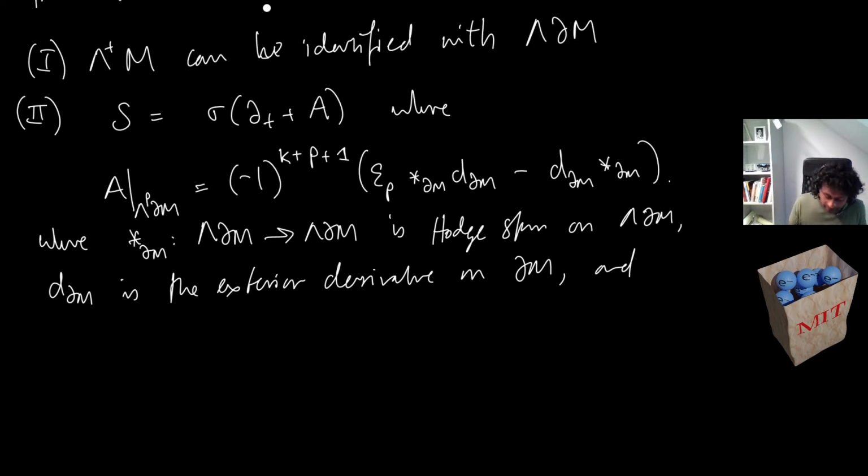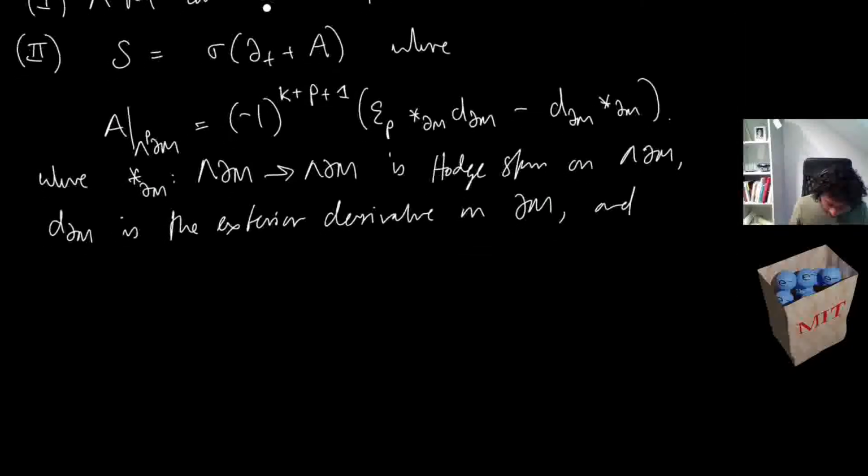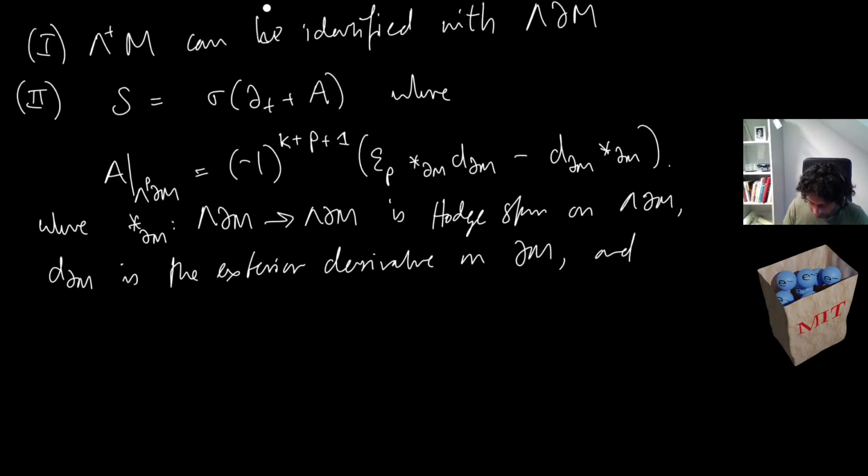So the point is that we can identify this positive bundle with what happens on the boundary, and then I can of course write this operator in the following way. It has to be, right? It's always taking this form, so it cannot be anything but an adapted boundary operator.